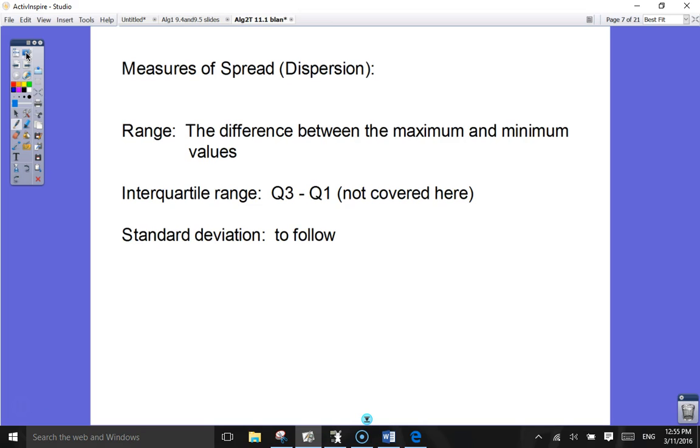If you remember in Algebra 1 when you were doing these little guys. Remember what that's called? We needed a box and whisker plot. Do you remember what the middle bar represented? That was the median, sometimes called Q2.